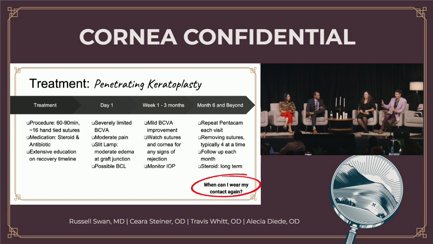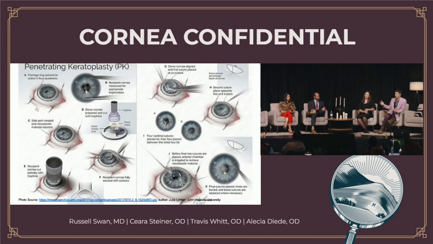If you don't have a great experience with your scleral lens, try a scleral lens again. If you still don't have a great experience, try a scleral lens again. Because otherwise you're going to have a full thickness transplant and still need a scleral lens, and if you're 20 or 30 years old, you're going to need 2 or 3 transplants in your life.